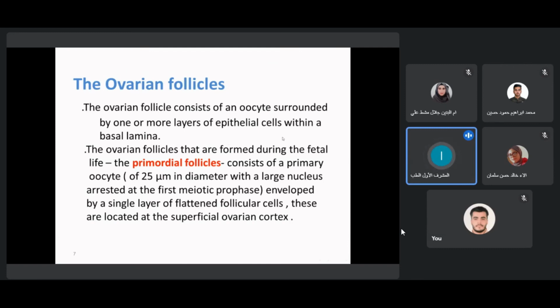The primordial follicle consists of a primary oocyte with a large nucleus, which is arrested at the prophase of the first meiotic division, and it continues to be arrested until puberty. The ovarian follicle is covered by supporting cells which are called the follicular cells.